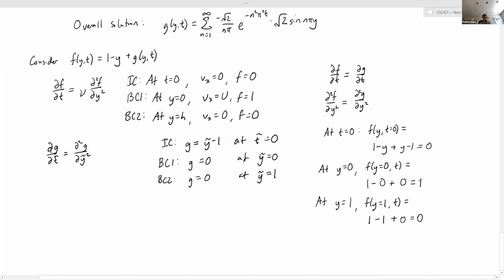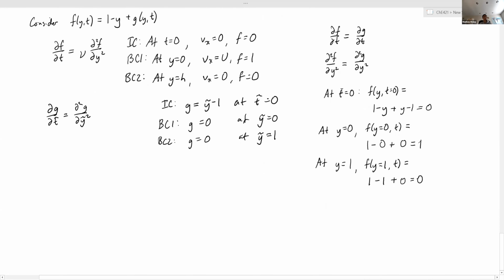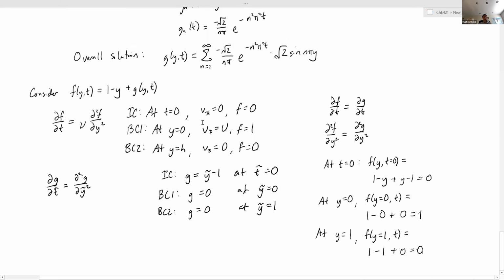And of course, we know from our solution over here that g also satisfies the PDE, and so therefore this also satisfies the PDE. And so this is our solution actually. Okay? And so this is how we were actually able to do this. Conceptually, what we've done is we've broken up the problem into two components, if you think about it. Okay? Our two components look something like this.